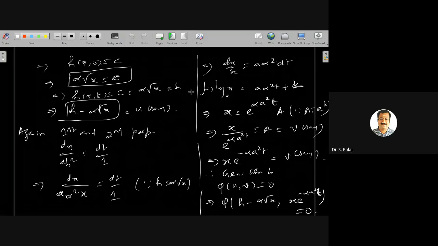Therefore, we get it as alpha root x. So the solution will be like this. Sorry for not applying the initial condition earlier.